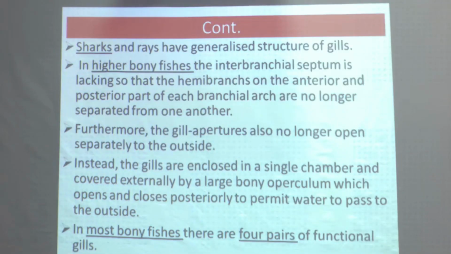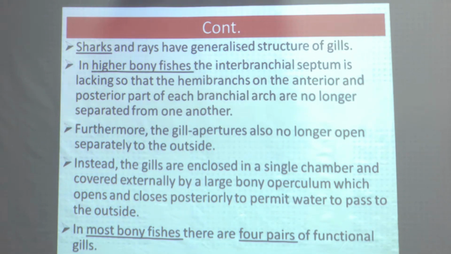In higher bony fishes, the interbranchial septum is lacking, so the hemibranchs on the anterior and posterior part of each branchial arch are no longer separated from each other. Furthermore, the gill apertures no longer open separately to the outside.